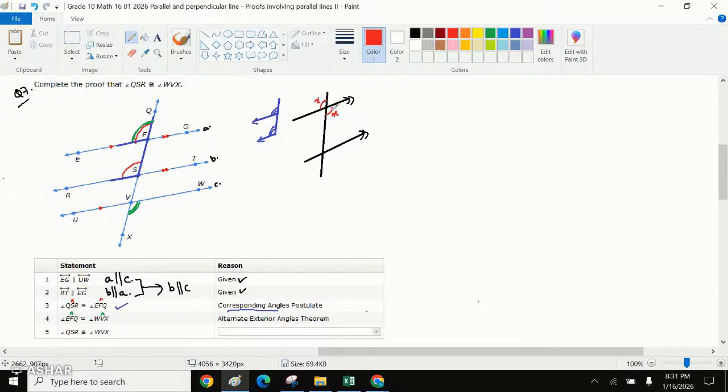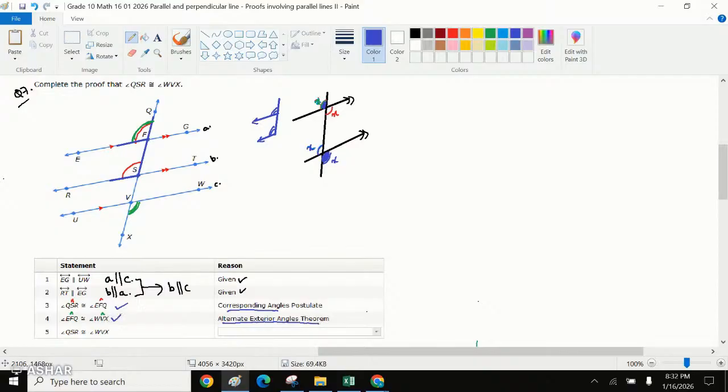These are vertically opposite angles. If this angle was x, then this would be x. These two are corresponding angles. If this angle was x, then this would also be x. That means all these four angles would be the same, right? But in this case, this angle, when it corresponds to this angle, they both are exterior angles, right? Alternate exterior angles theorem, right?